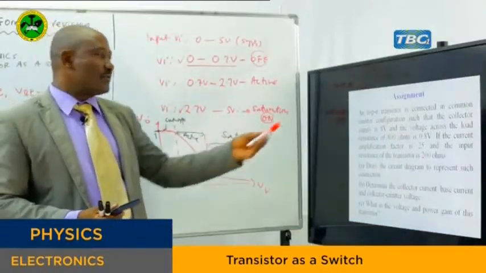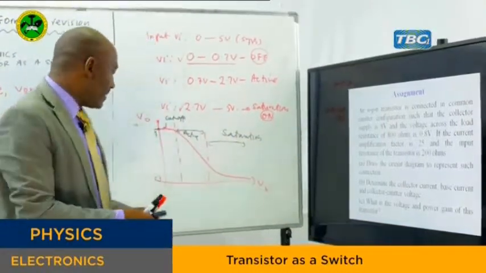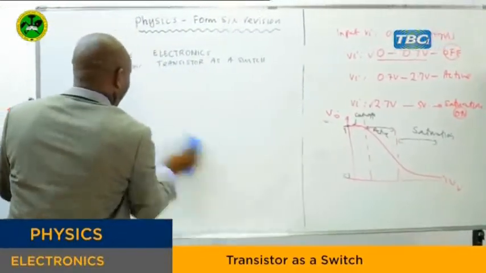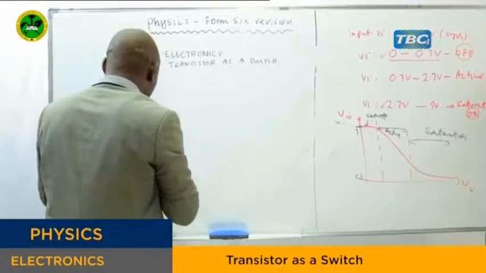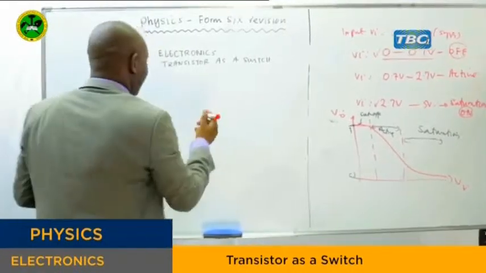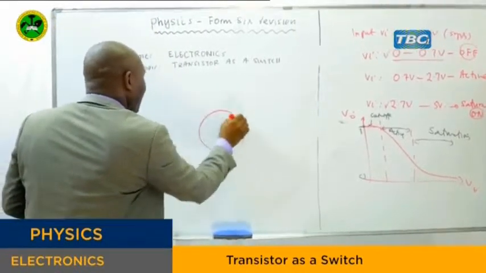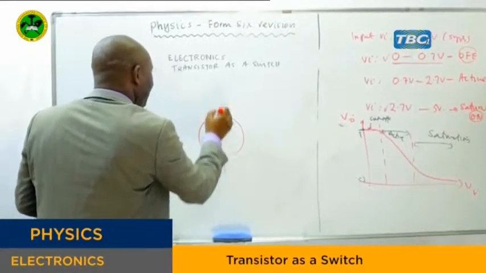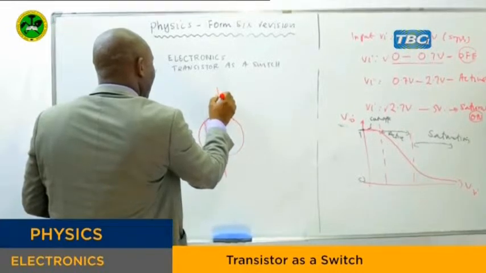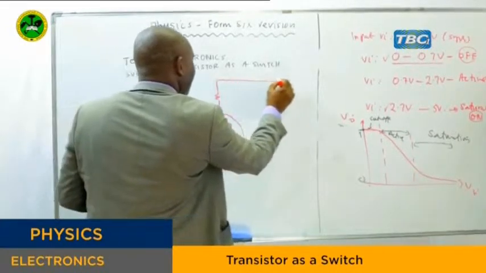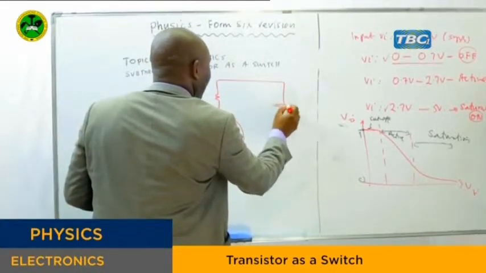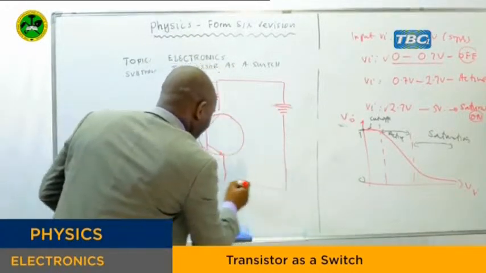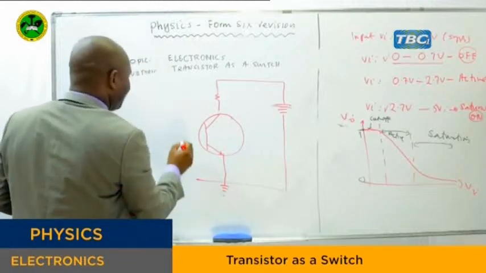Step number 1, you are supposed to draw the circuit diagram, and to show you the starting point, you draw a circuit in the common emitter arrangement. This is the supply voltage, which is given here. This terminal should be connected to the ground.